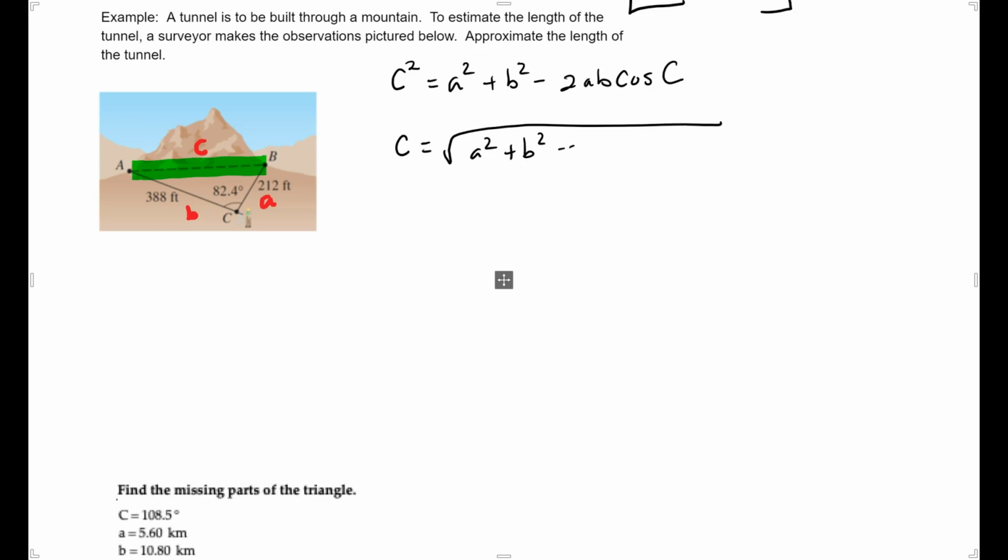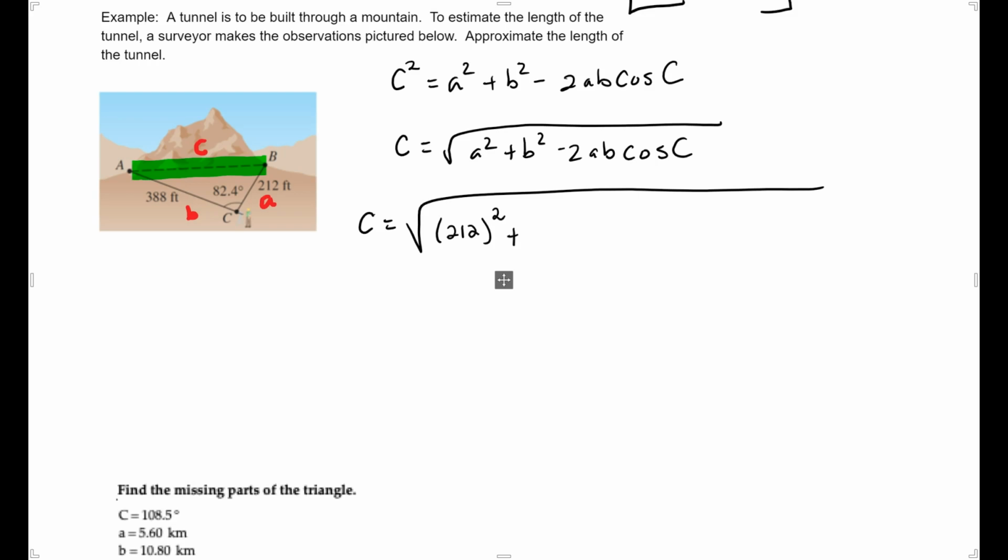I'm looking for side C, so C squared equals A squared plus B squared minus 2AB cosine of C. So let's say that I have C equal the square root of A squared plus B squared minus 2AB cosine of C. And now I'm going to fill in what I know. I know that A is 212, so I'm going to put 212 squared.